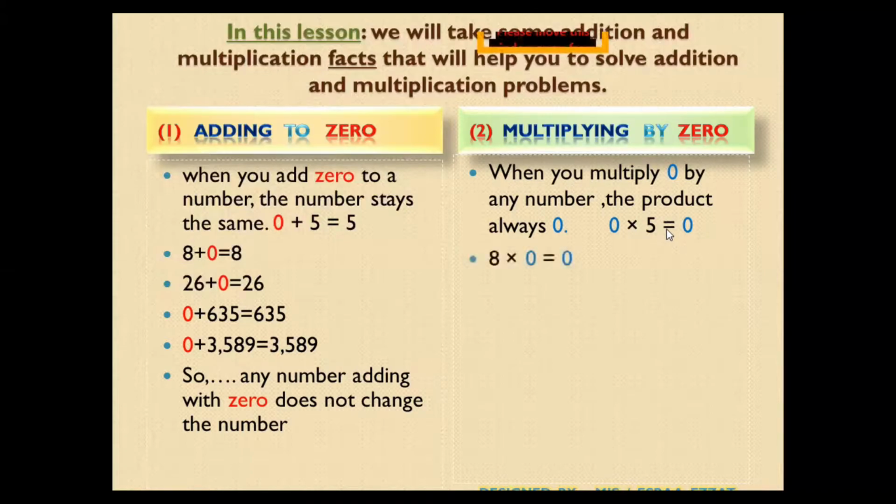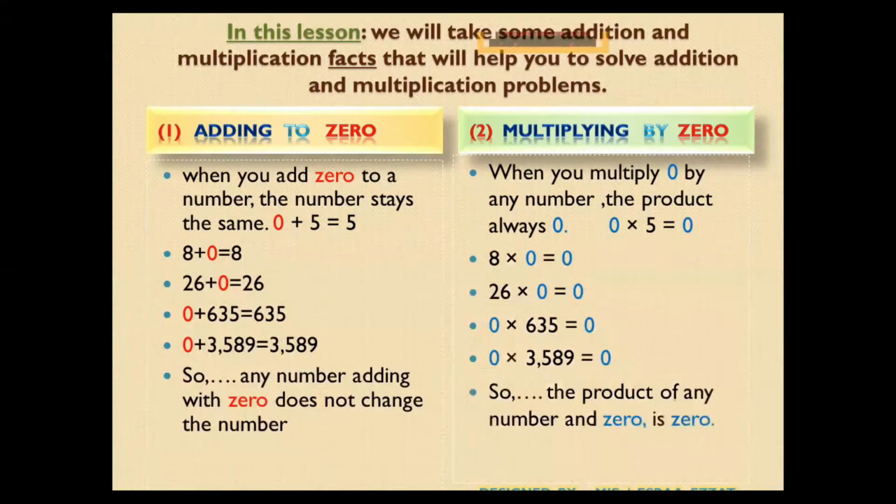Let's take more examples. 8 by 0 equals 0. 26 by 0 equals 0. 0 by 635 equals 0. 0 by 3,589 equals 0. So the product of any number and 0 is 0.